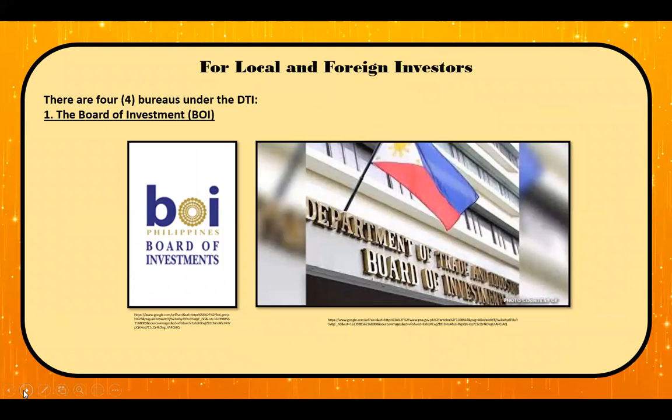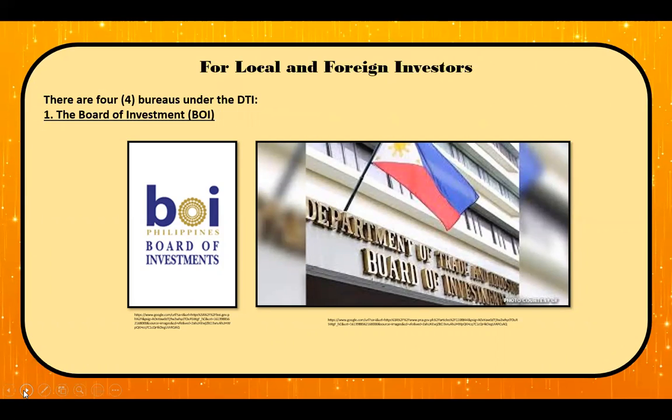Okay, for the local and foreign investors, there are four bureaus under DTI. So we have the first one, the Board of Investments, or what we call the BOI. BOI has a one-stop action center, or OSAC, which provides investors with the investment information and documentation they need in one location.